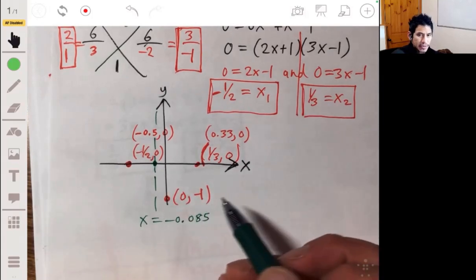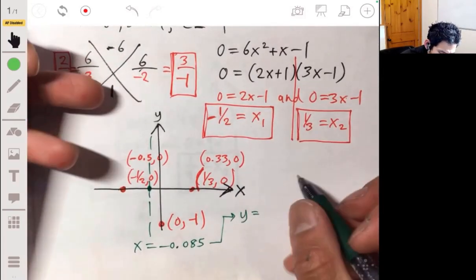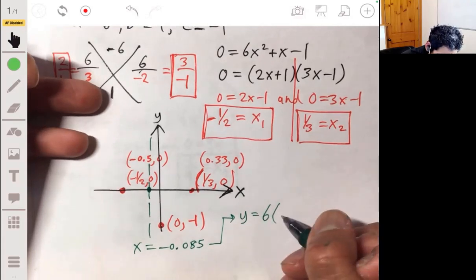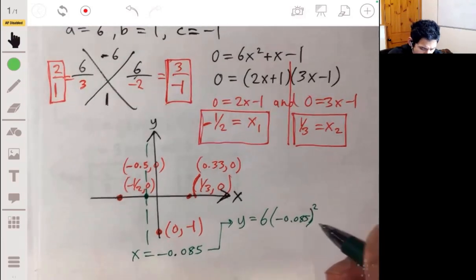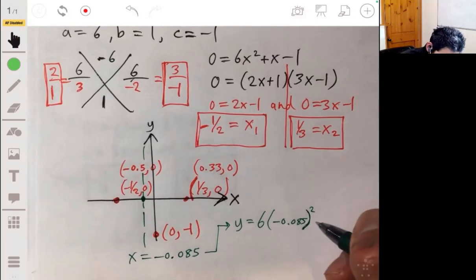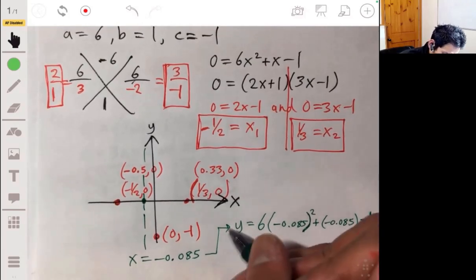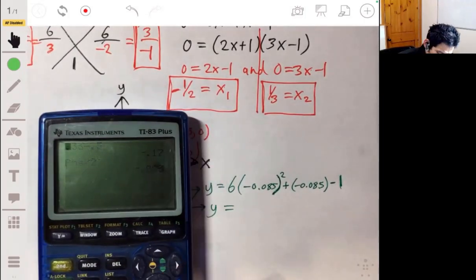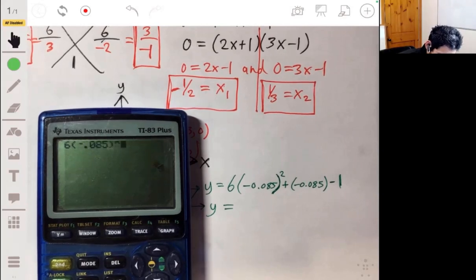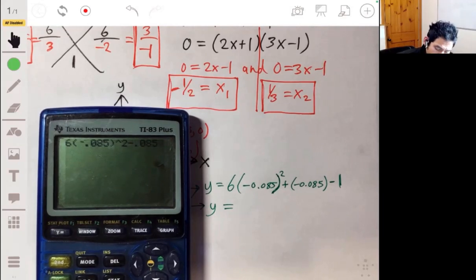Evaluating this, plugging this into the equation for y, we will get that y will be 6 times negative 0.085 squared plus negative 0.085 minus 1, and we will get negative 1.042-ish.